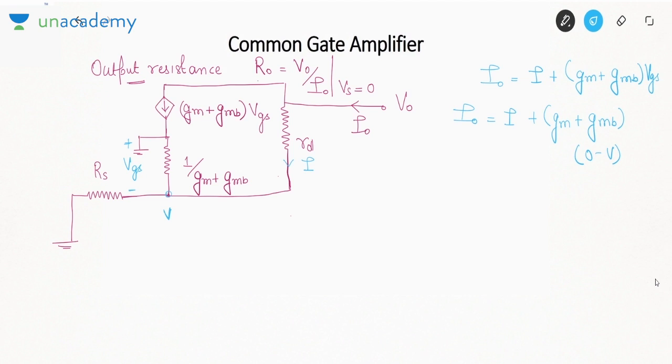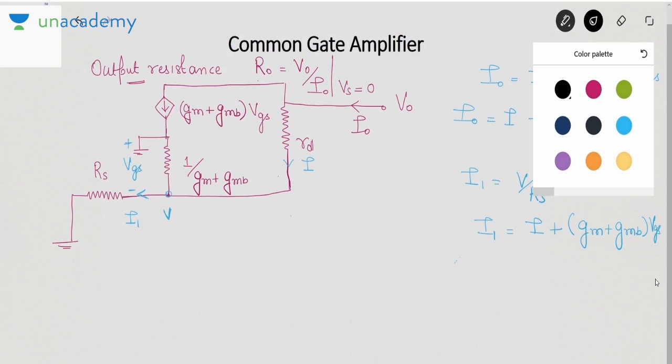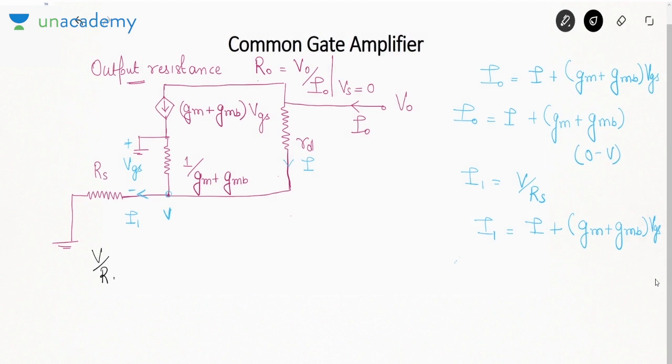Now what you can do is, the current going here, suppose I1. What is this I1? Simply V by RS. Now this I1 is actually the sum of two currents: I plus (Gm plus GmB) VGS. So V by RS is equal to I plus (Gm plus GmB) VGS.